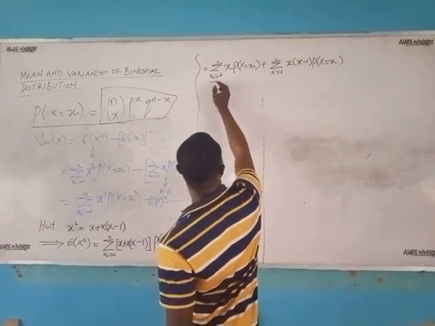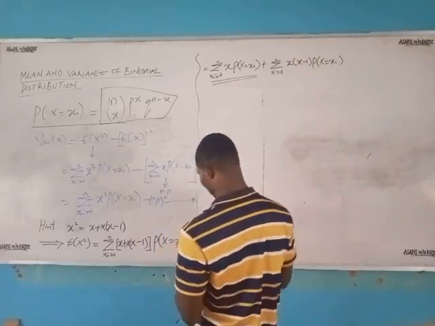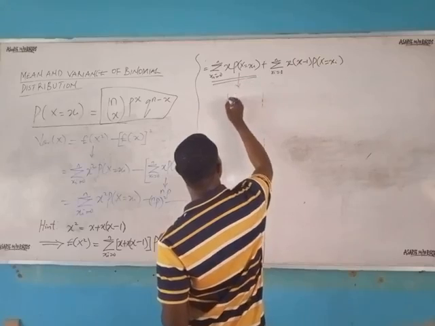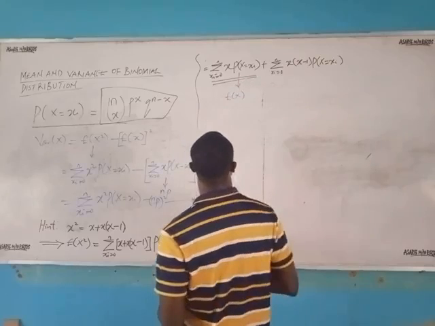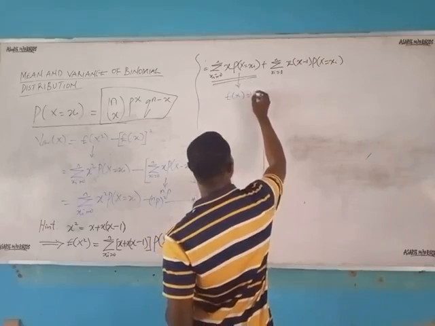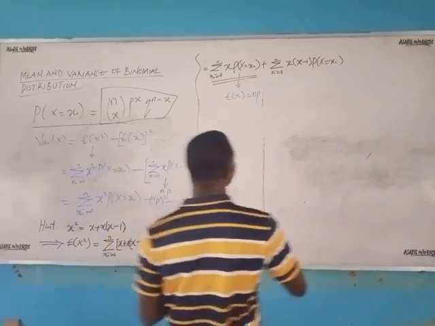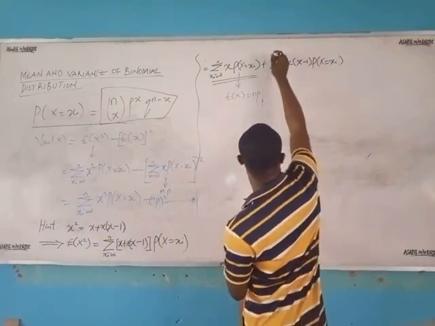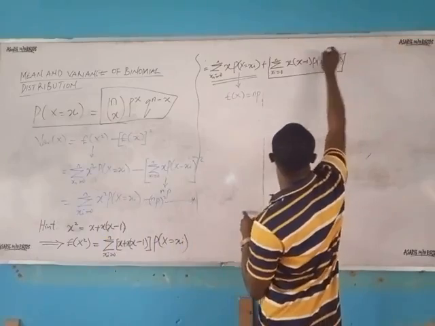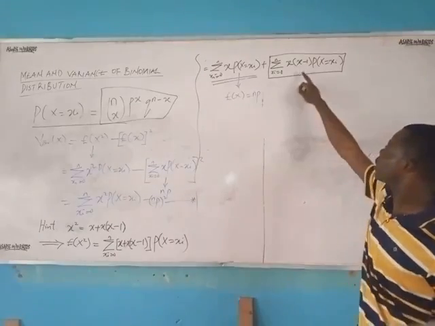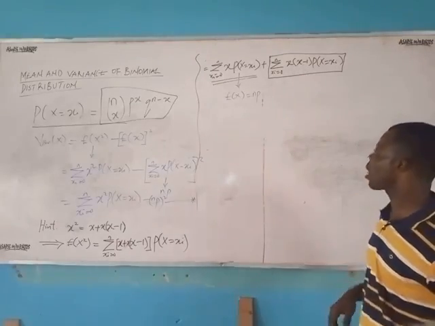So this first part is also the mean, which is the expected value of x, and is given as np. So we are left with only this to calculate.